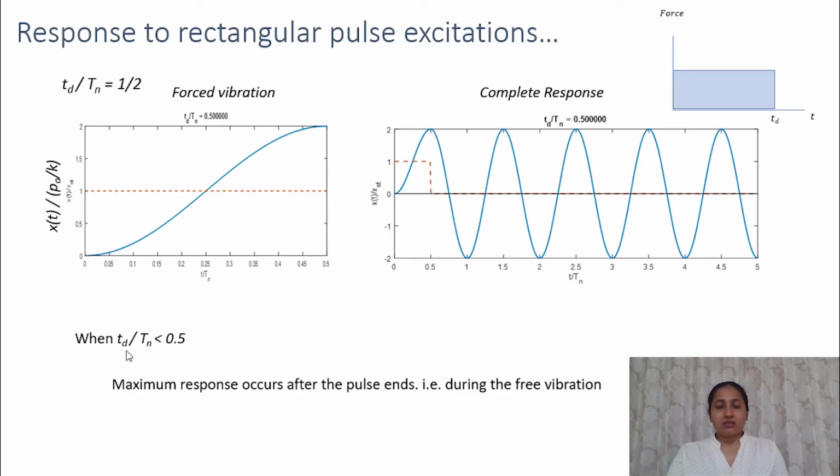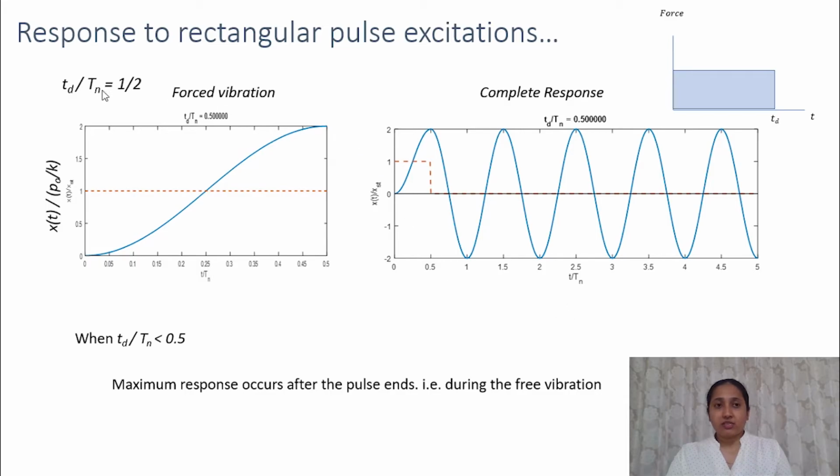Based on the results which we have seen so far, when td by tn, that is the duration of the pulse divided by the natural period of the system, is less than 0.5, the maximum response occurs after the pulse ends. That is, the maximum response occurs during the free vibration. So this is the result for td by tn equal to half. In this case, the maximum response occurs at the last moment, that is when the pulse ends, and that is when the free vibration starts.